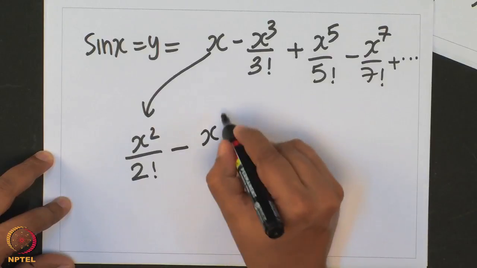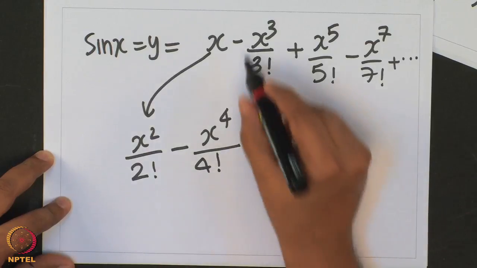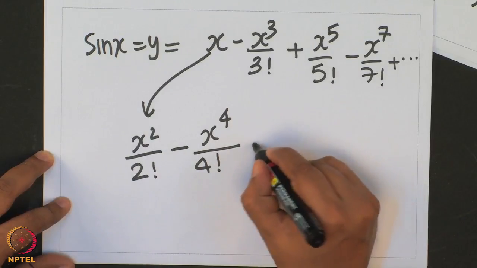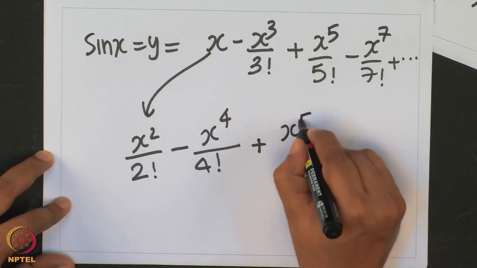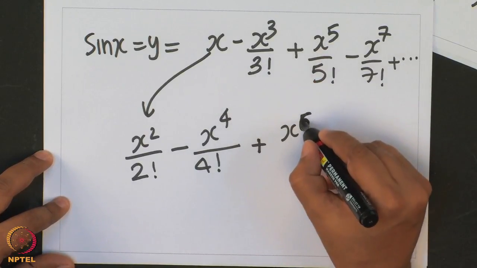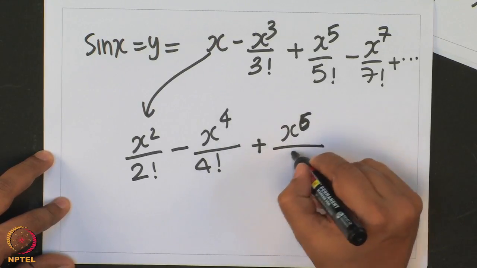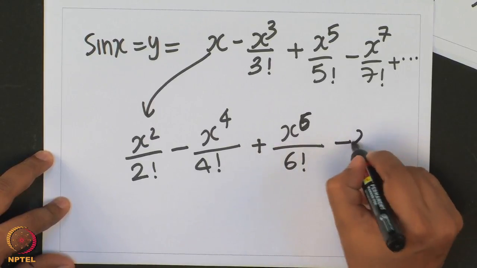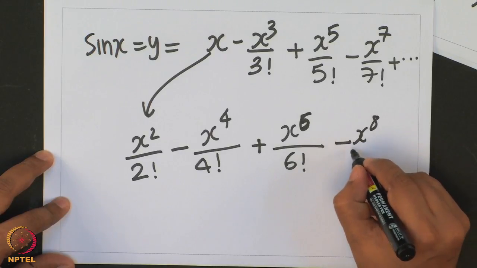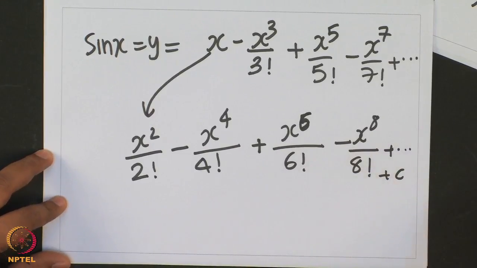Minus the integral of x cube is x power 4 by 4, and 4 times 3 factorial is 4 factorial. Plus x power 5 integrates to x power 6 divided by 6 times 5 factorial, which is 6 factorial, minus x power 8 divided by 8 factorial plus dot dot dot plus a constant.